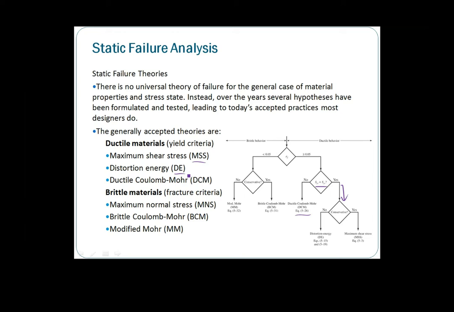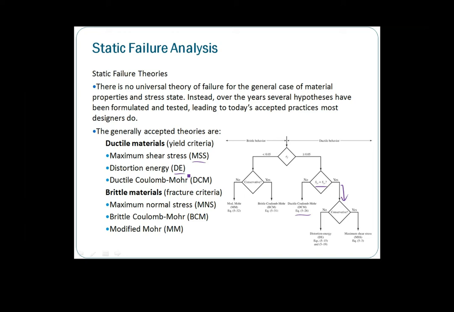For brittle materials, the maximum normal stress is the most generous one you can use to evaluate what we call brittle materials. It compares your maximum normal stress, or principal stress, with the ultimate strength straight away.